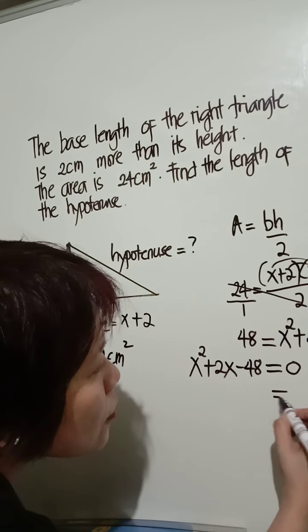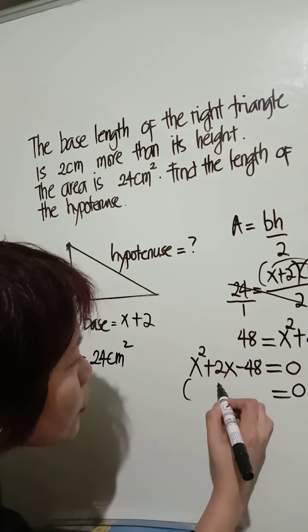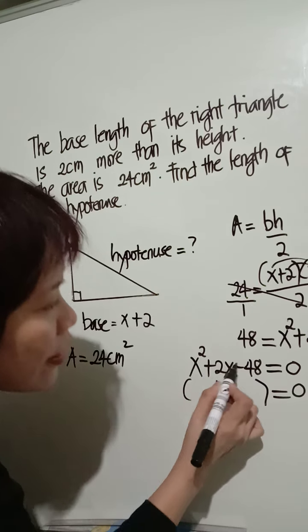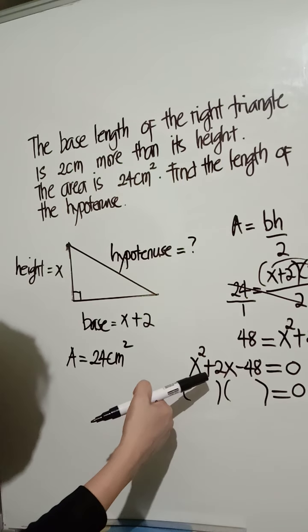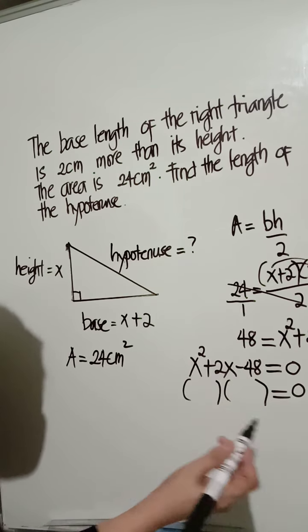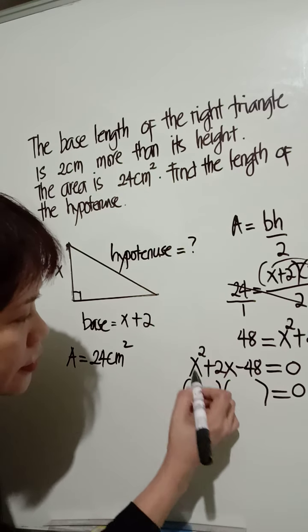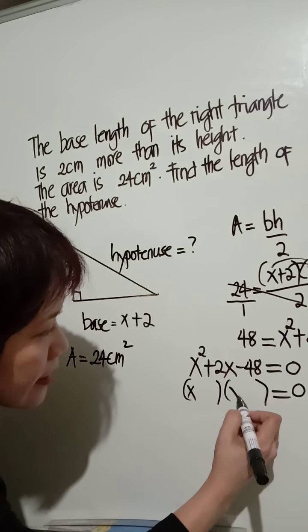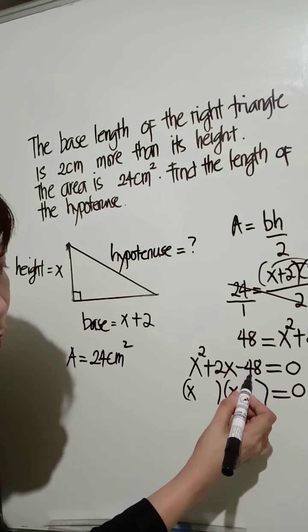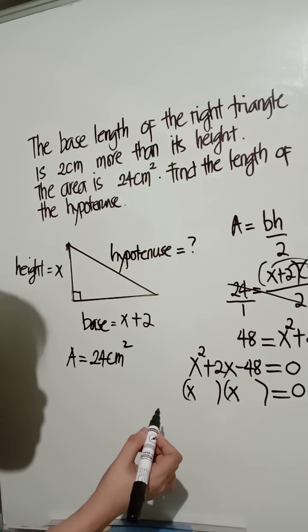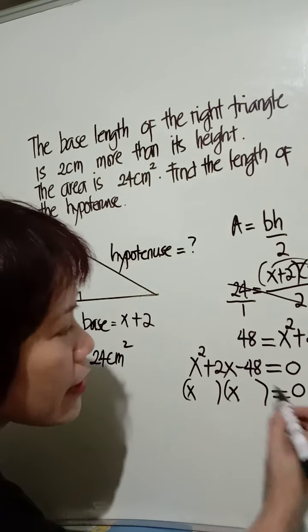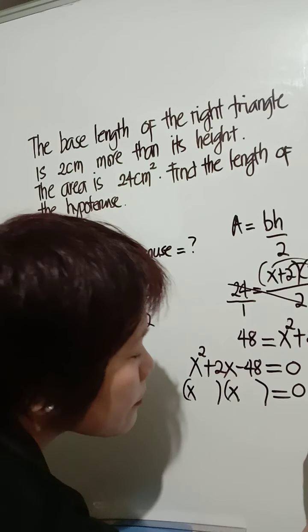What are the factors of the quadratic equation x squared plus 2x minus 48 equals 0? For the first term it is x and x. And then what are the factors of 48 that give us 2? Okay, let's write first the factors of 48.